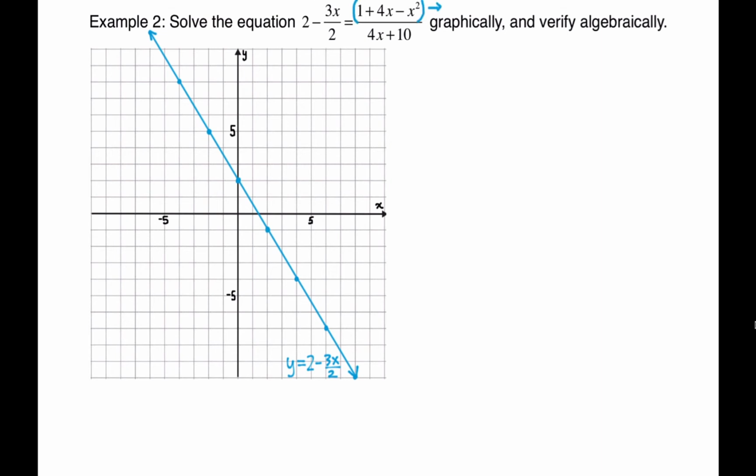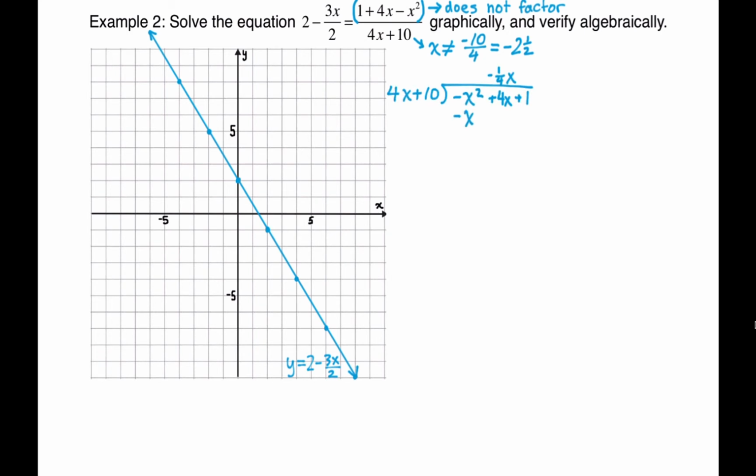Now, if we graph the right-hand side of the equation, just notice that the numerator does not factor, and the denominator has a restriction that x cannot be equal to -10 over 4, which would be -2.5. So we're expecting that it's going to have a vertical asymptote at -2.5.